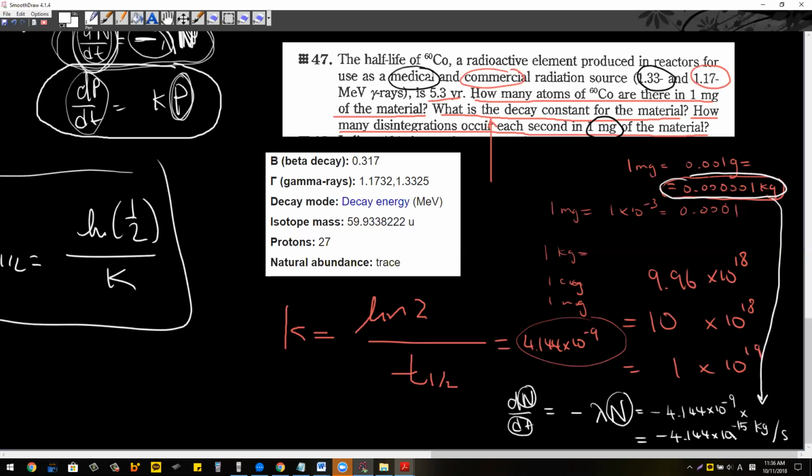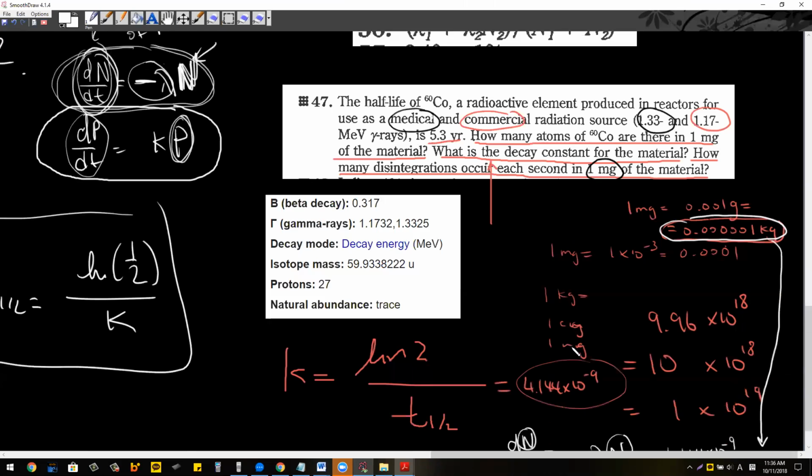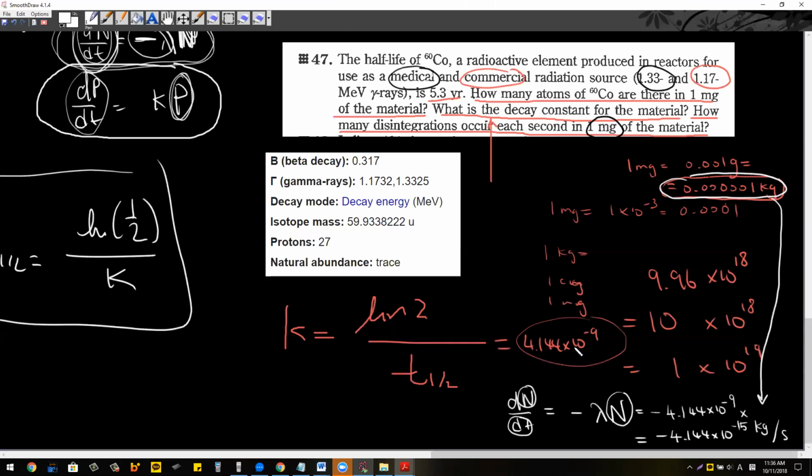Wait, so why can't you just times 4.144 times 10 to the negative 9 by 1.1 times 10 to the 9? Yeah, we can do that as well. Where was that number, the one we just got? How many atoms were there? 1 times 10 to the 19.